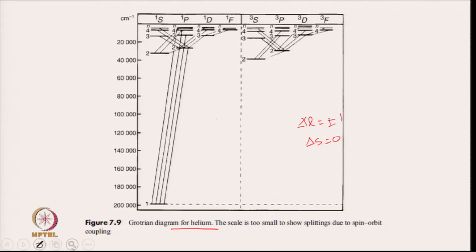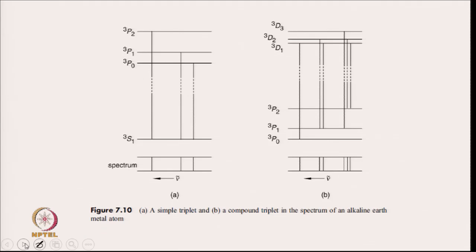Now, this is an alkaline earth metal. Again you see 3s1, and now you have 3p0, 3p1, 3p2, and for P to D, you can say this is the principal series and this is the transition associated with the diffuse series.